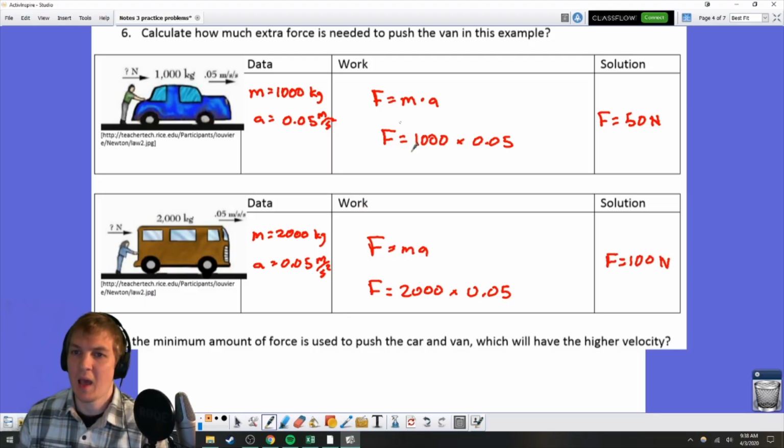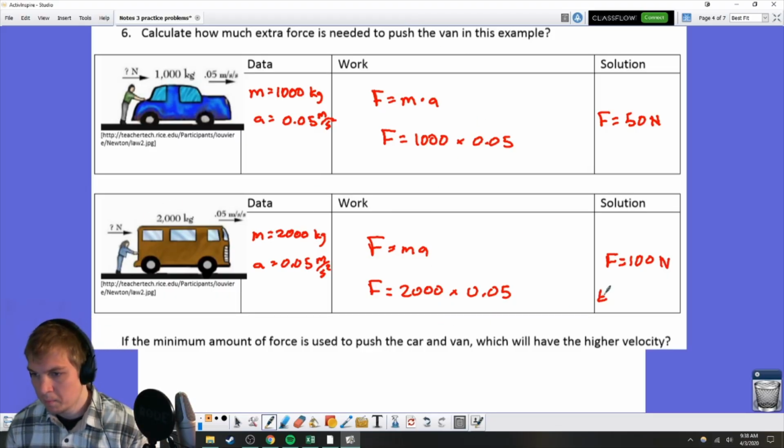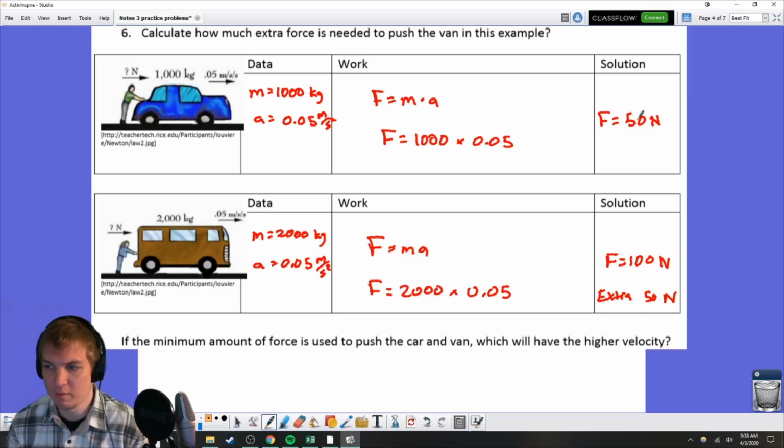So how much extra force did you need to push the van? You needed an extra 50 newtons, because that's the difference between 100 and 50. So you needed 50 additional newtons to be able to push the van.